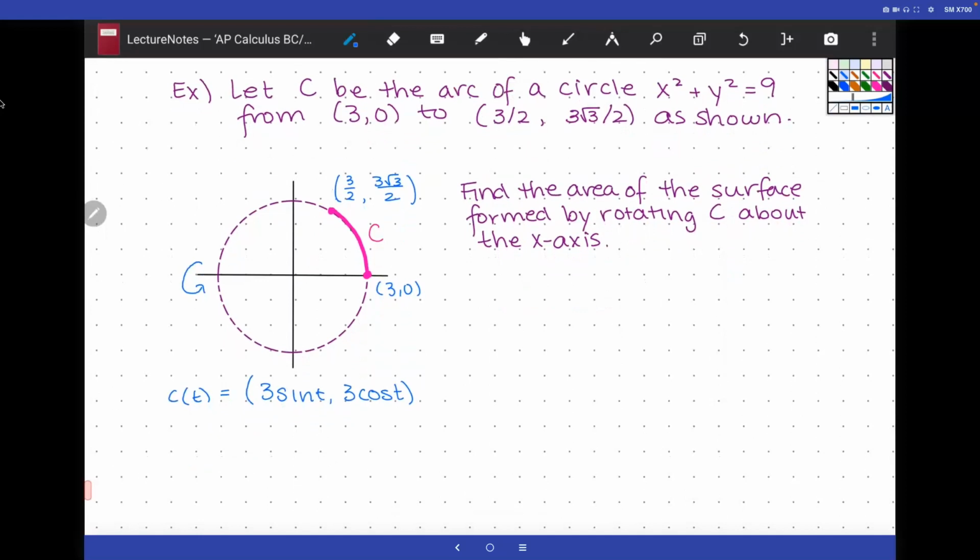And then, why don't we go ahead and do the next thing Joshua suggested. We know that x prime of t is 3 cosine t, so x prime of t squared is 9 cosine squared. Oh, this actually isn't so bad, is it?